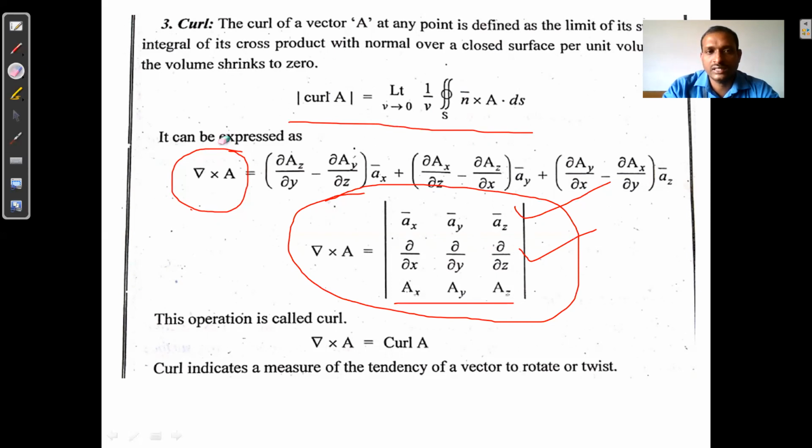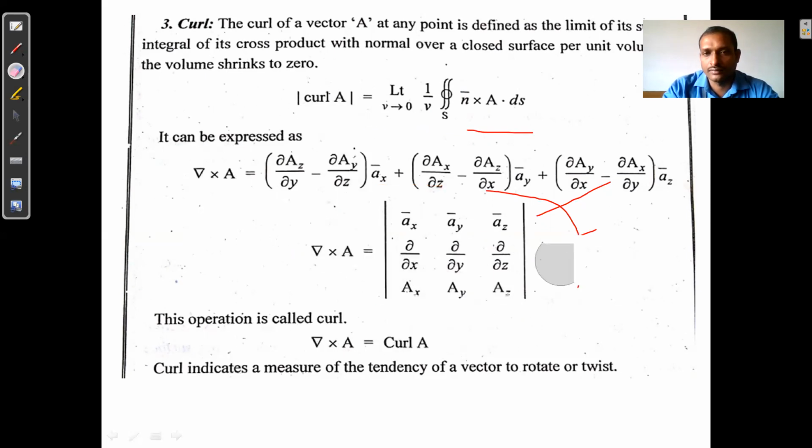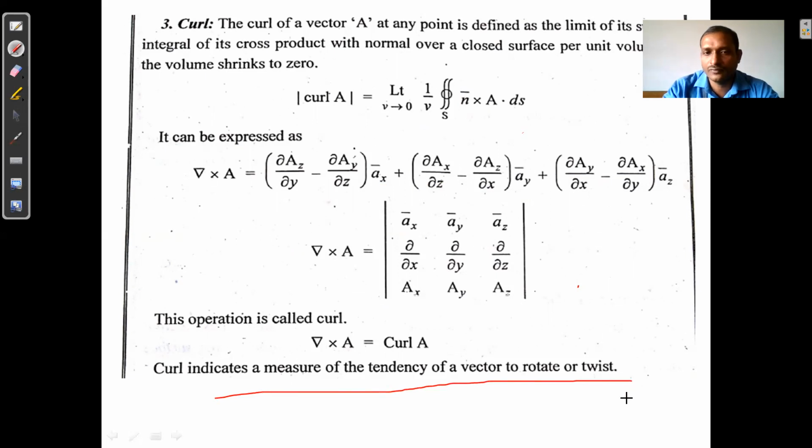If you take the determinant of this, we get the curl value. So del cross A is called curl. Curl indicates a measure of the tendency of a vector to rotate or twist. So it is called the curl operation.